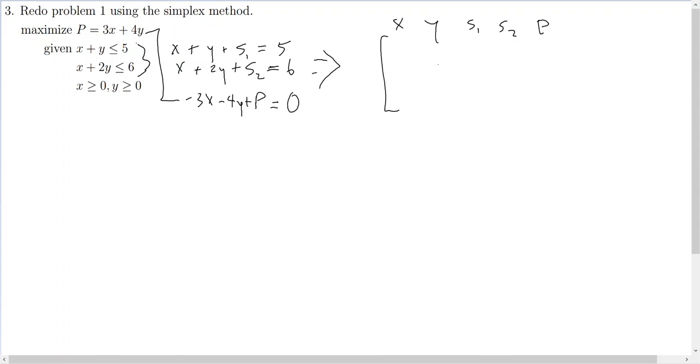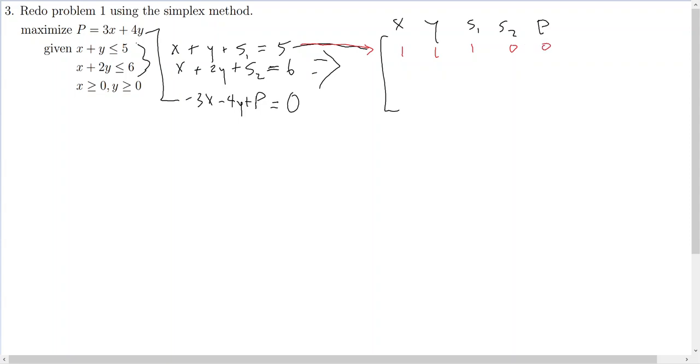Okay, so our coefficients are as follows. From the first equation I get 1, 1 again, 1 again for S1. There's no S2 appearing in the first equation, so that gets a 0, and P is also not there, so that gets a 0.